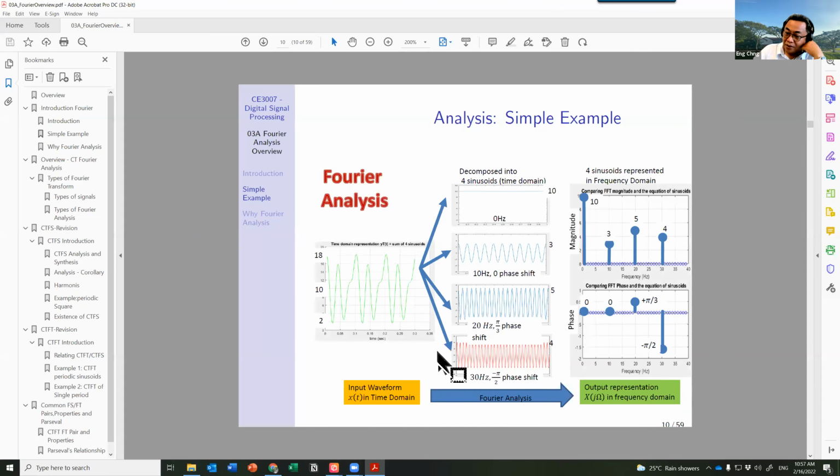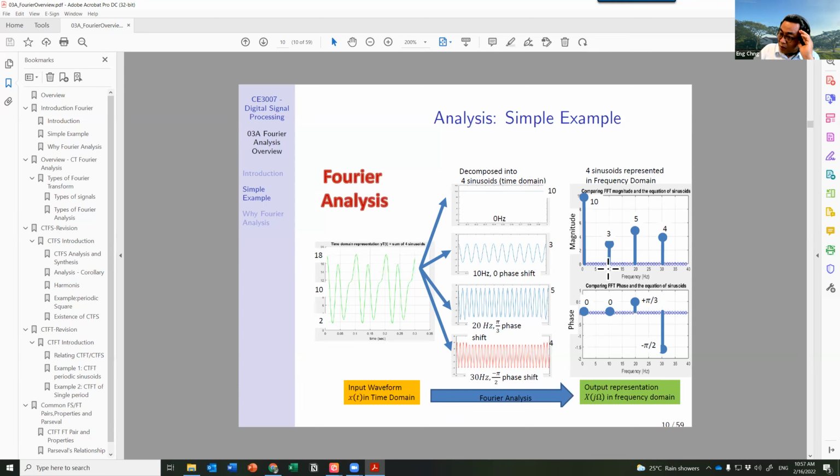There's another way we can see this. When we analyze this, we know that at different frequencies we have this information, and then in time we can add them up. In fact, that's what we actually did. Once we see that this is 10 at 0 hertz, we generate a signal, just a continuous variation of amplitude 10.